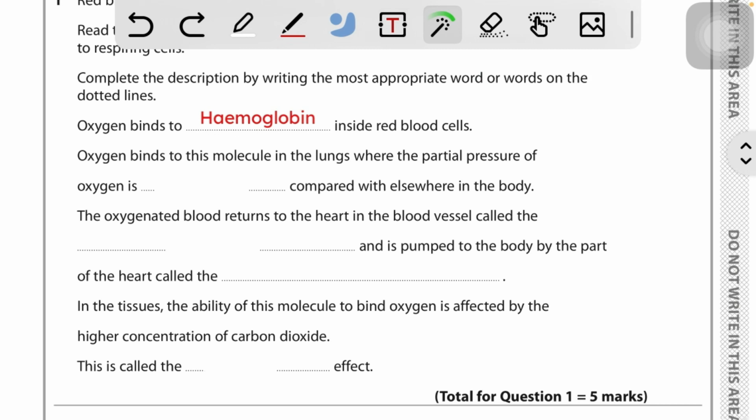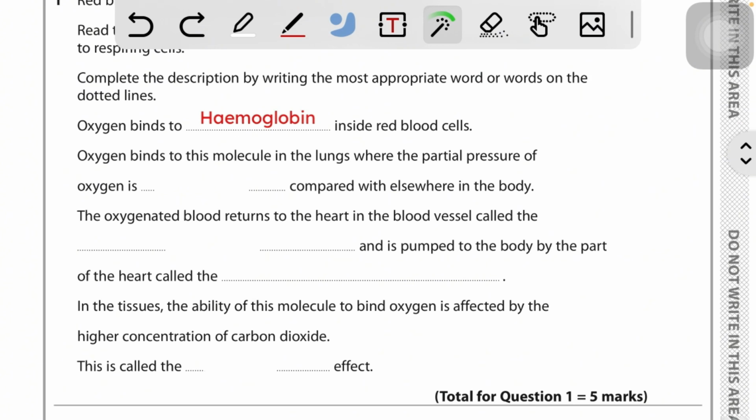Oxygen binds to this molecule in the lungs where the partial pressure of oxygen is higher compared with elsewhere in the body. So where is hemoglobin going to bind with oxygen? Of course, in the place where the partial pressure of oxygen is higher, right?